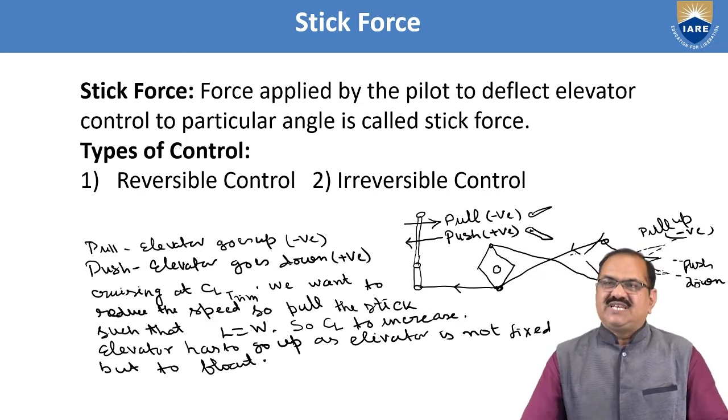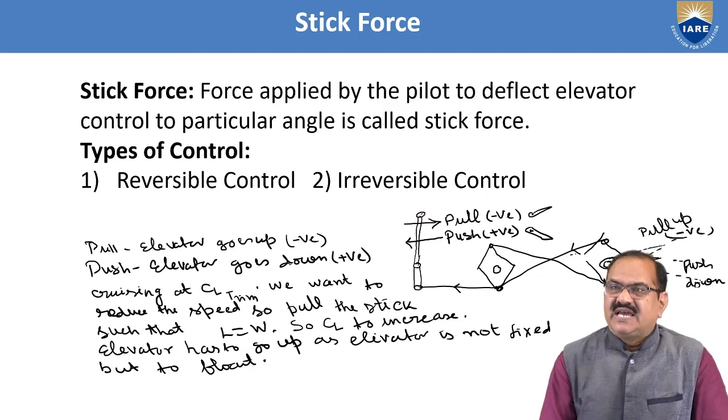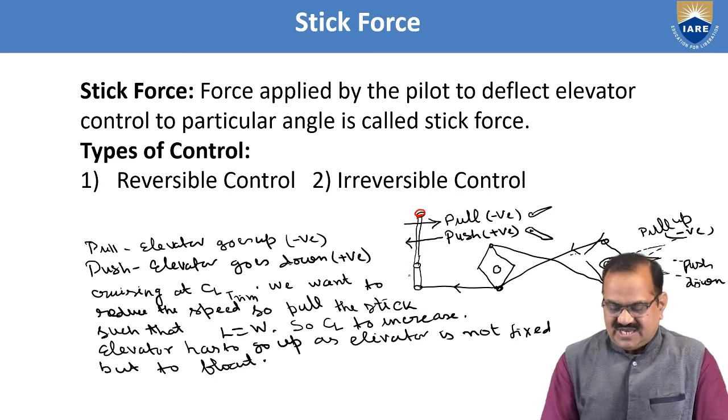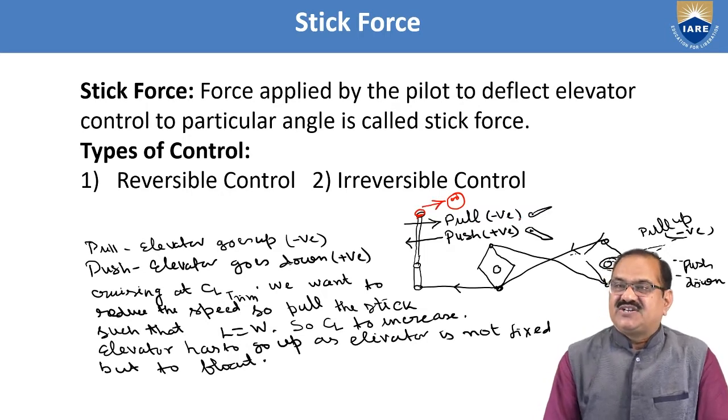Here, if you see this diagram, this one is your stick. This portion from here to here is the control stick, and the pilot is sitting here. He is the pilot. So if he is pulling like this, it is called pull. It is called the negative.